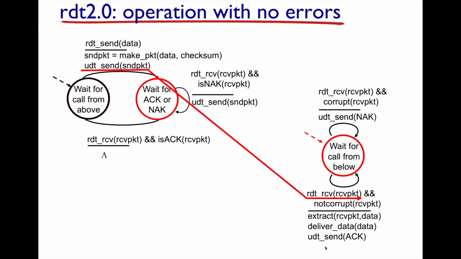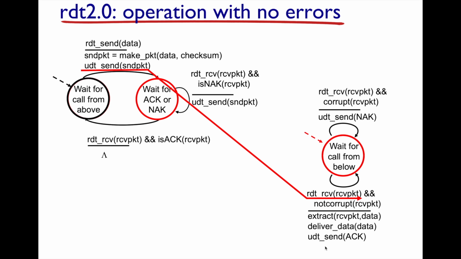So the event RDT receive is triggered and the receiver transport layer runtime gets a copy of this packet from the network layer below it. But it's not only RDT receive, it also examines the checksum. It takes the checksum from the checksum field of the incoming segment, and then calculates the checksum on the segment it just received. It compares the calculated checksum with the stored checksum, and if they are equal, that means there's no corruption. That's the event connoted by this not corrupt.